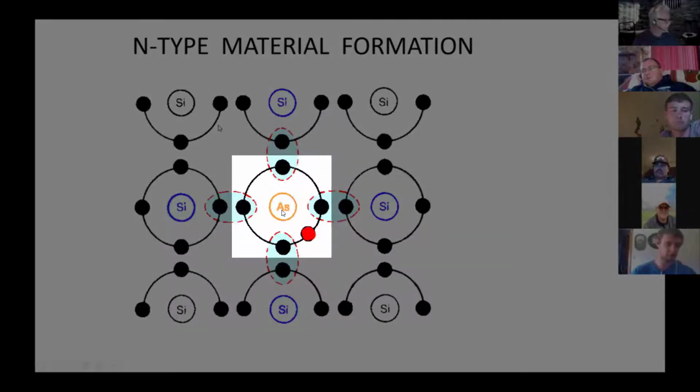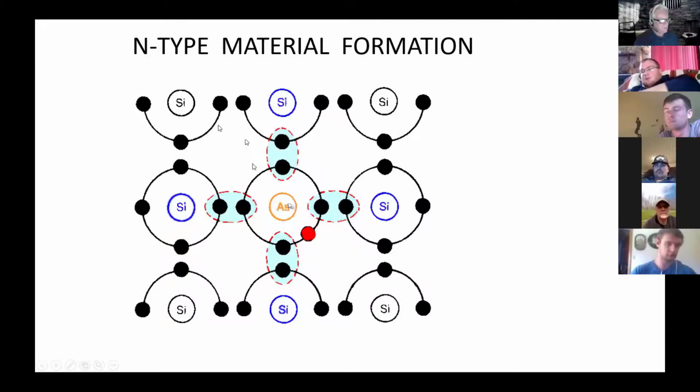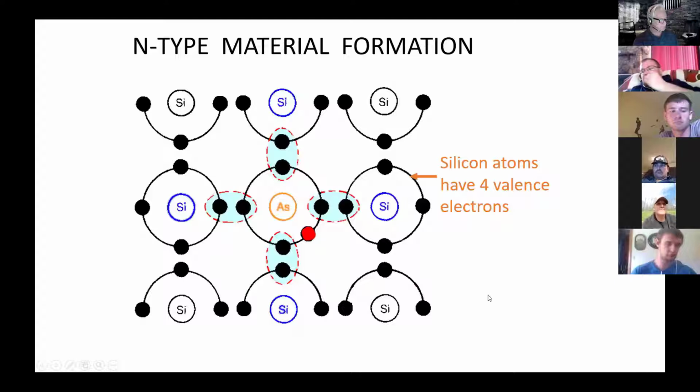Here they used, I think this might be arsenic because that's a common one, but arsenic has an extra electron. So when these silicon atoms start to join together, it will still bond with this arsenic atom, but because there's an electron left over, that makes it an N-type because electrons are negative.